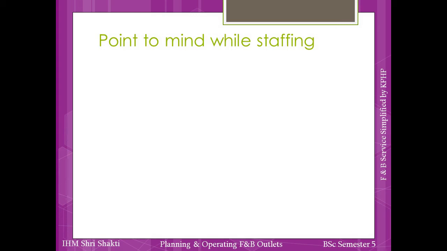After we have talked about how to calculate the space required for establishing an outlet, now it's time for understanding recruiting the staff. Whenever you are recruiting staff, you must see what the objective of recruiting staff is. Look at a few points.